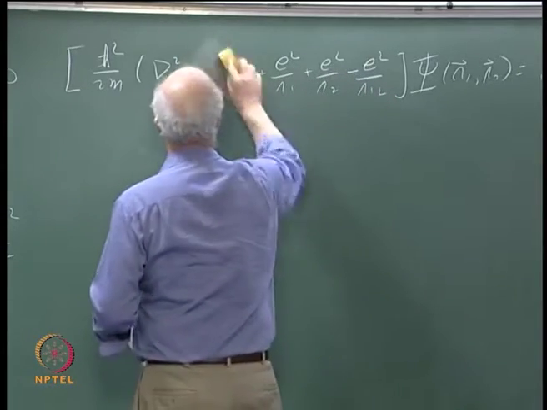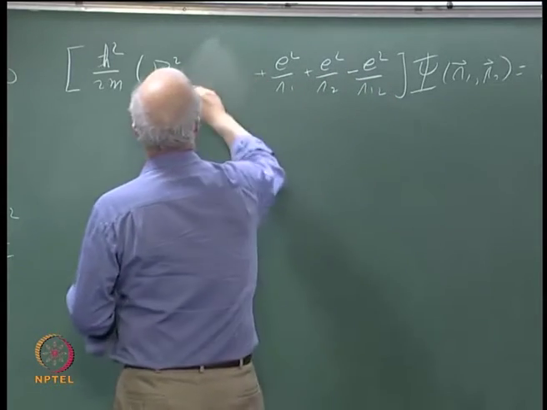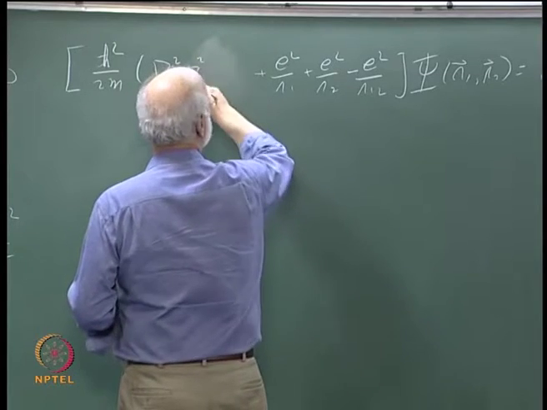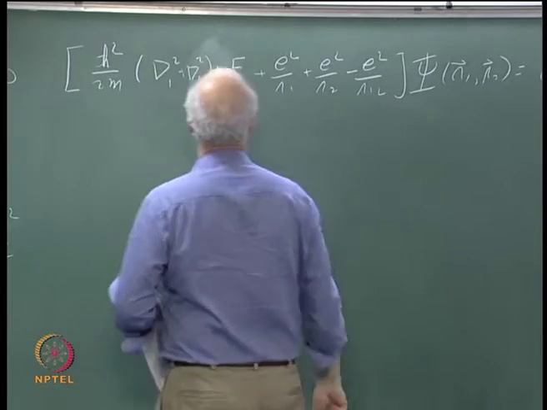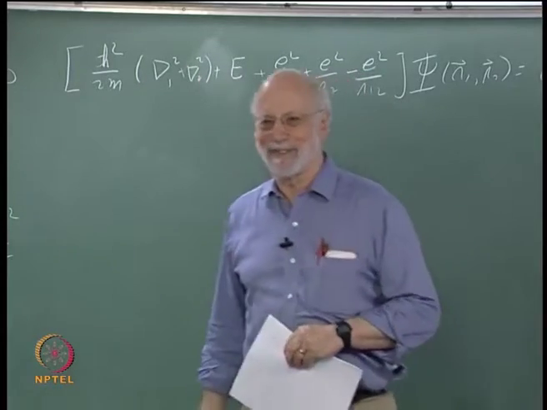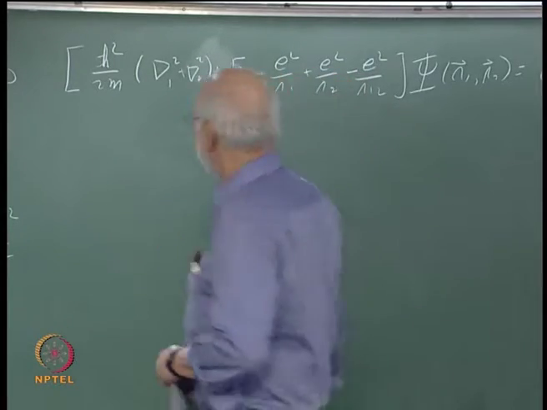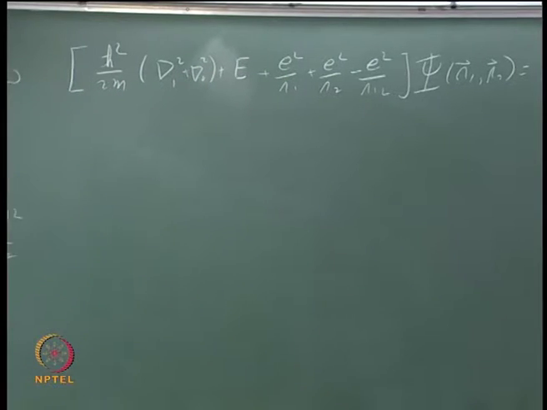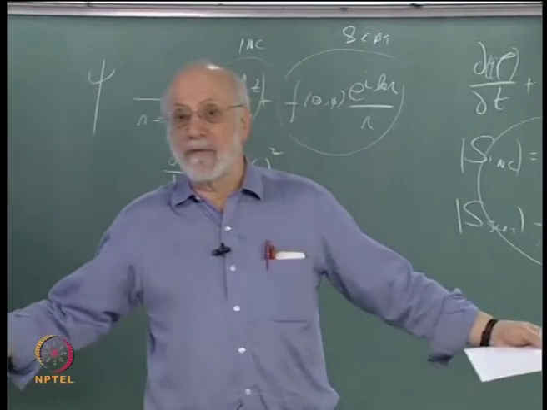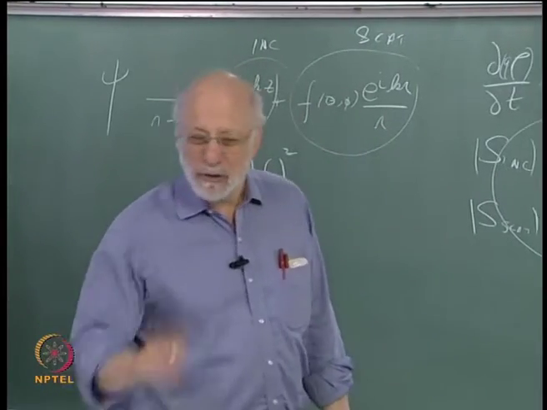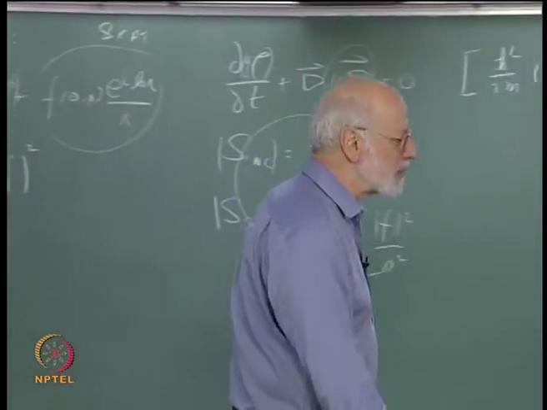I'll squeeze it in here. That's important. Moved everything over to this side. And this is simply the Schrodinger equation for two electrons. Now, I've got to solve that with the right boundary conditions. We'll come in a moment to what the right boundary conditions are.